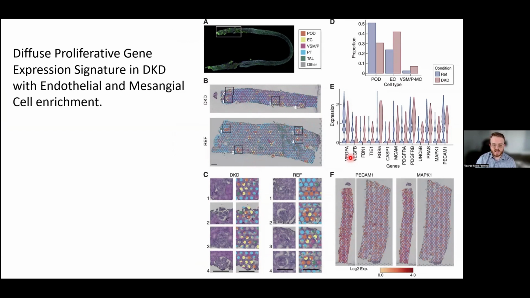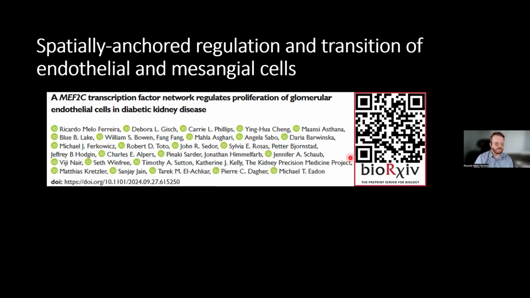So then we use this as a starting point for our follow-up study, where we want to look at the regulation and transition of endothelial and mesangial cells, starting from the spatial localization and spatial relationship of those cell types. This is a study that's currently under review, and you can find it on bioRxiv.